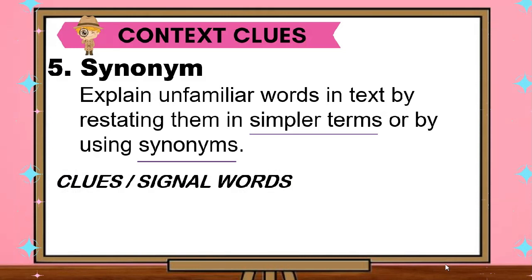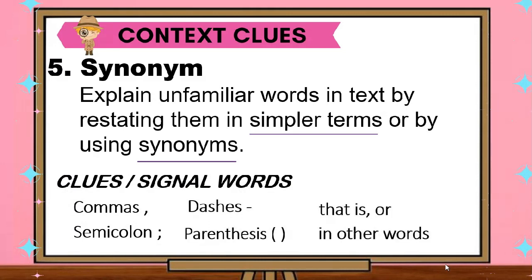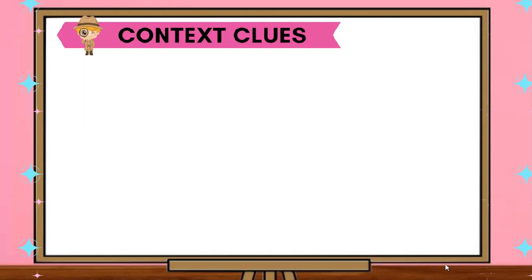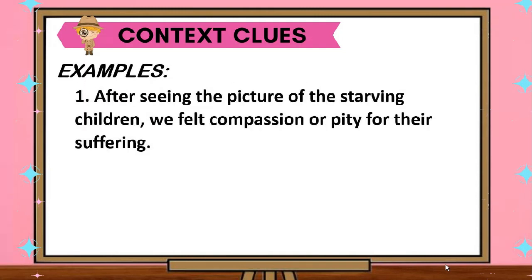If you can't decipher a meaning, adding a few synonyms or words with similar meanings is a surefire way to point to a word's meaning. The clues for this type of context clue are commas, semicolon, dashes, parentheses, and sometimes signal words that is, or, and in other words. Let's have some examples.